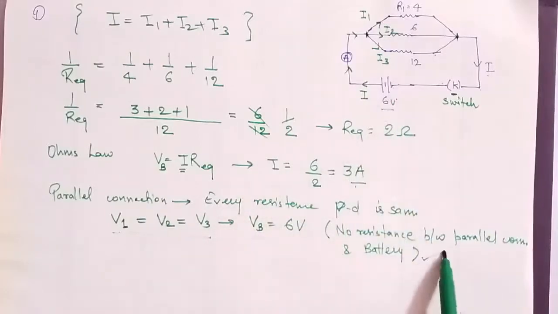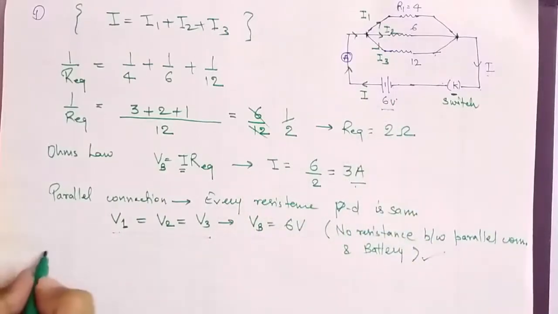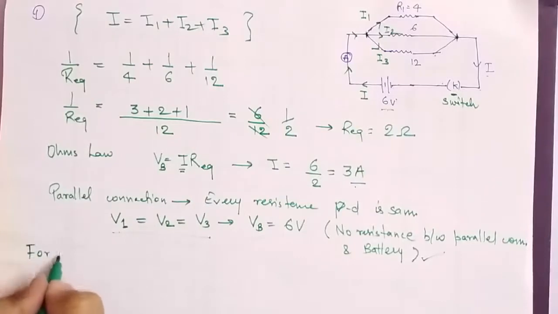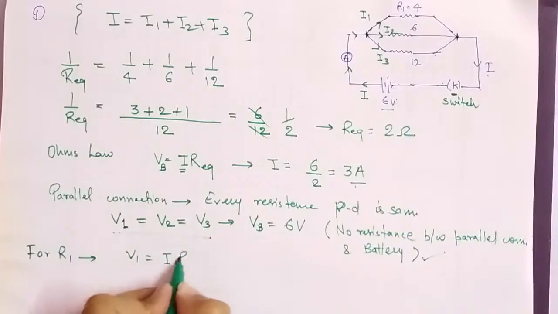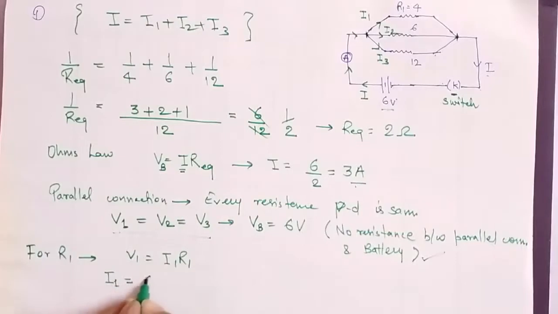Now let's write for R1 using Ohm's law: V1 is equal to I1 into R1. So I1 is V1, that is 6, upon R1, and R1 is 4, so it cancels out to 3 by 2, that is 1.5 amperes.